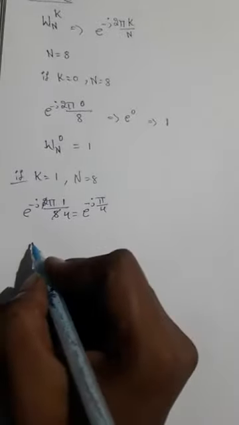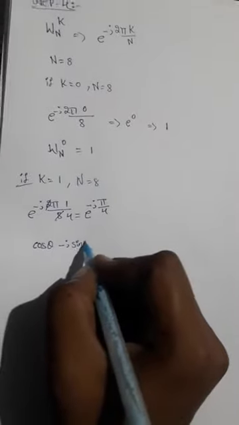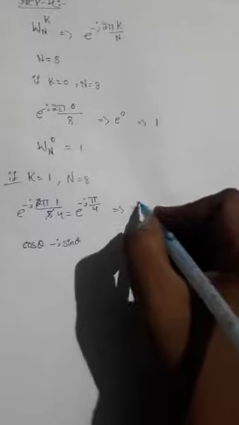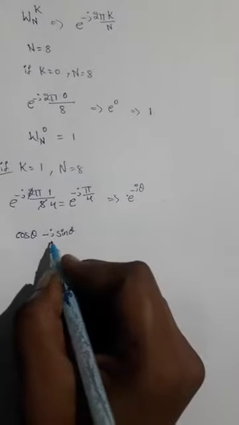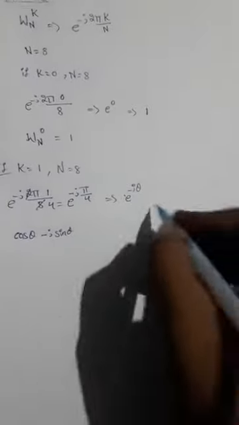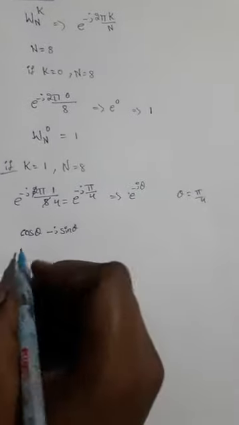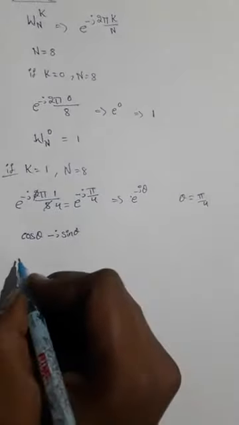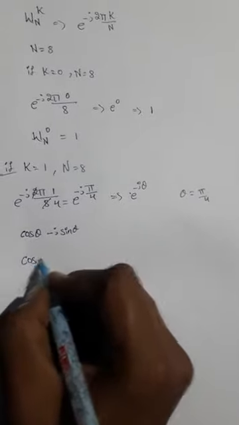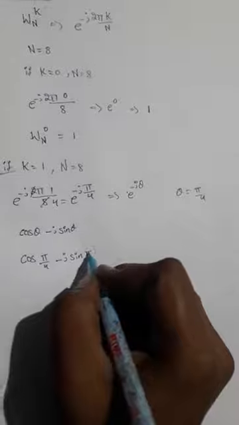We can write it as cos theta minus j sin theta, substituting theta is pi by 4: cos pi by 4 minus j sin pi by 4.